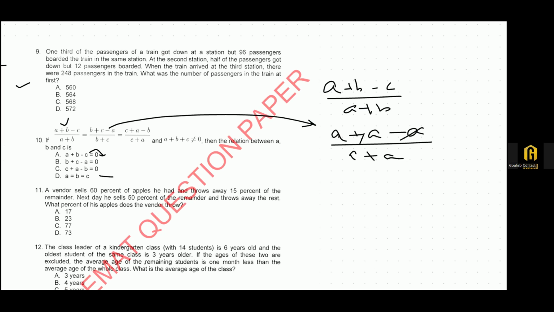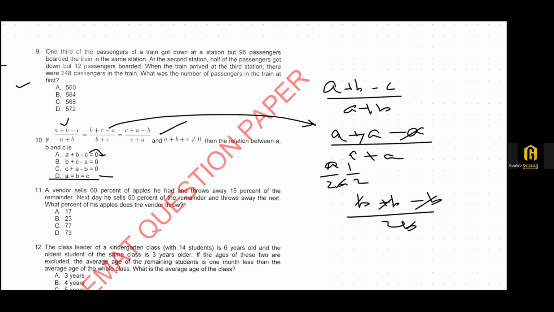In the second part, if we do the same thing, b plus b minus b upon 2b, same thing would happen. It will become 1 upon 2. If in the third part we do the same thing, it will also be equal to 1 upon 2. So all the three will be equal only if a is equal to b is equal to c. So that should be the answer.